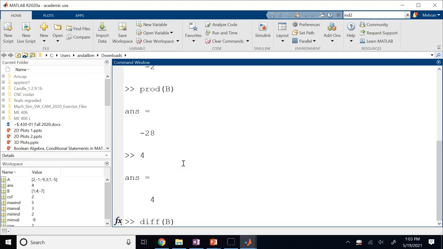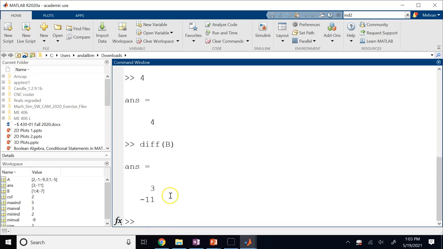Do you see that? That was B. This is diff of B, which is second minus first and third minus second. If there is a fourth, you will also get a fourth minus third. And this is very useful. Later we'll talk about it for numerical differentiation. Okay, so that's diff. Sum and prod.